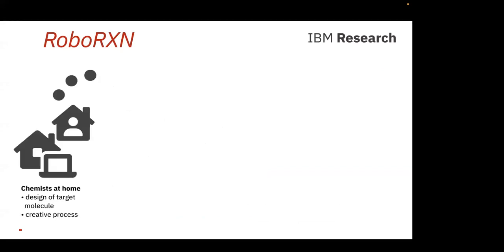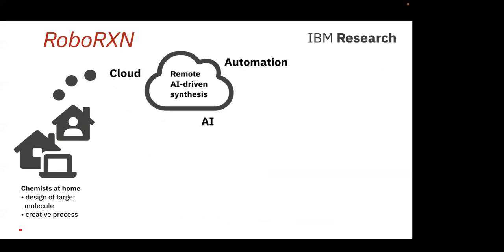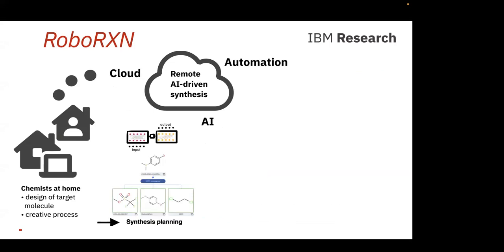Our vision back then was RoboRXN, and imagine you're in the pandemic. You do the creative work of designing a molecule that could be bioactive. Then you connect to the cloud, where you get access to a synthesis planning tool.